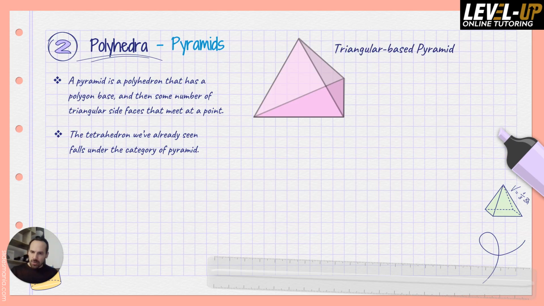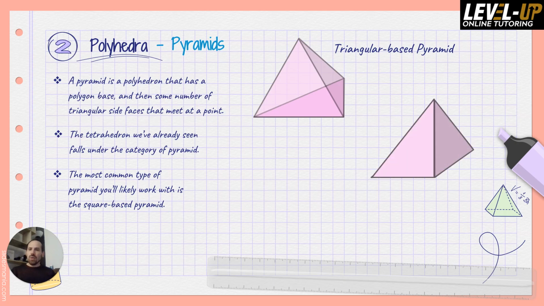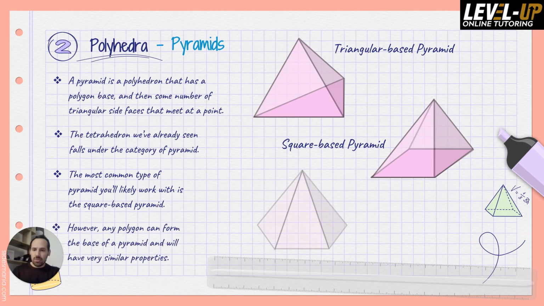The most common type of pyramid we'll look at is known as the square base pyramid, which unsurprisingly has a square base. So we have a square base laying flat and then a series of four triangles coming up to a point. But theoretically, you could have any base pyramid. You could have something like this. Any polygon, you get an appropriate number of triangles and put them around the edges. In this case, a pentagonal base pyramid.